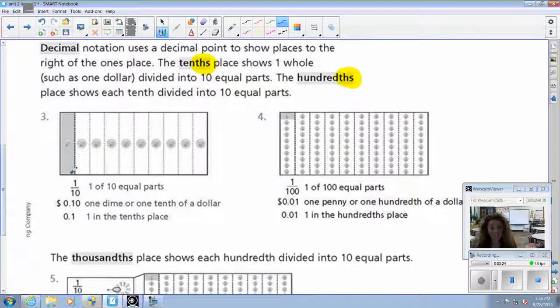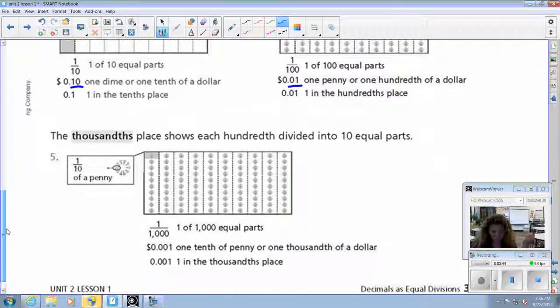So for example, a dime is a tenth of a dollar. It's represented like this, a 1 below the decimal point, so in the tenths place value. A penny is a hundredth of a dollar. It happens to be a 1 in the hundredths place, so it represents that hundredth of a dollar.